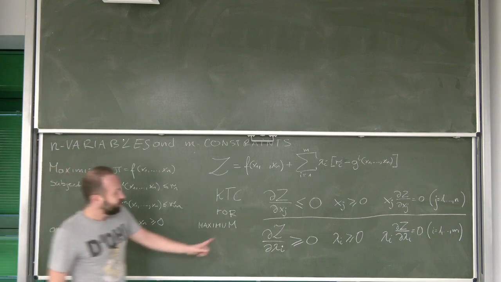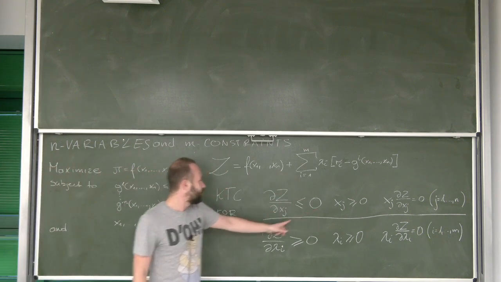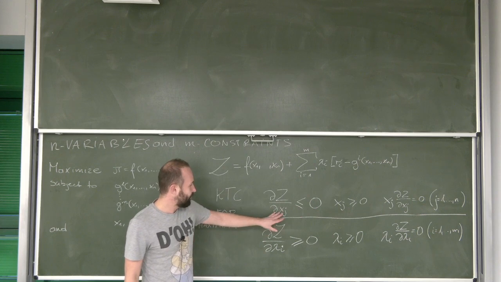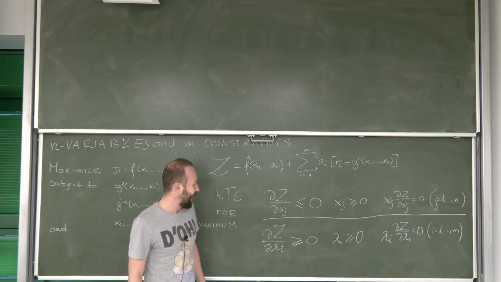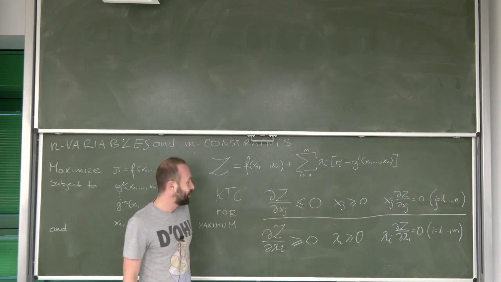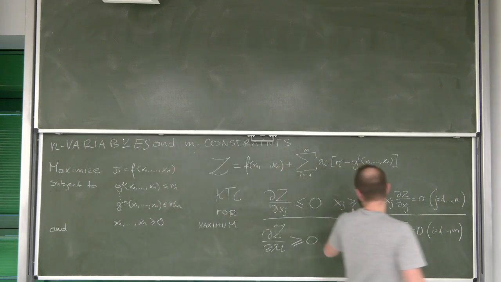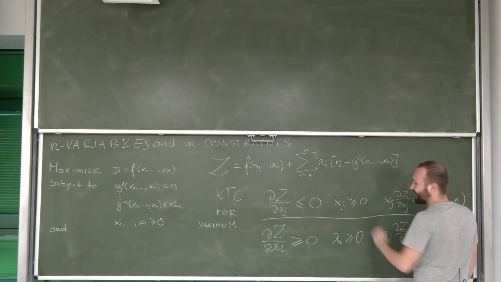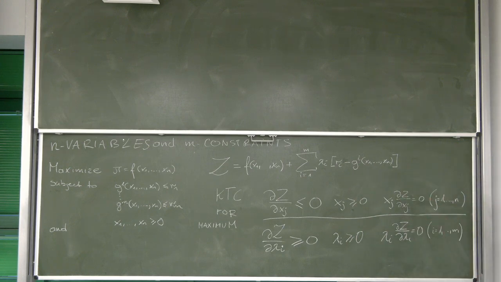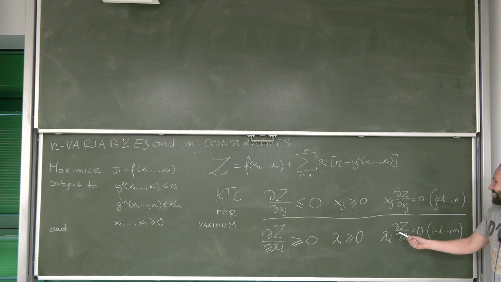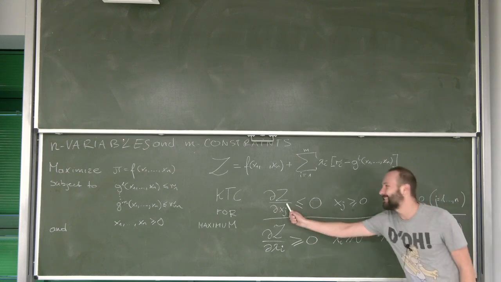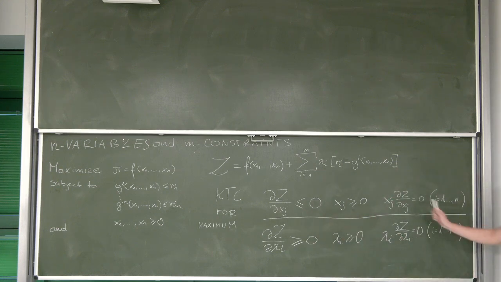Similarly, we require the partial derivative with respect to xj to be non-positive. At the same time, we want xj to be non-negative, and of course, through complementary slackness, we require at least one of them to be equal to 0.